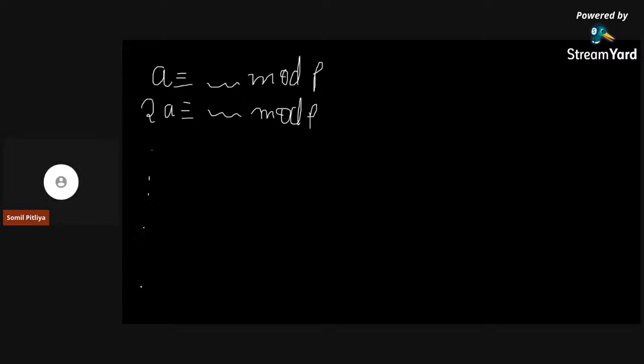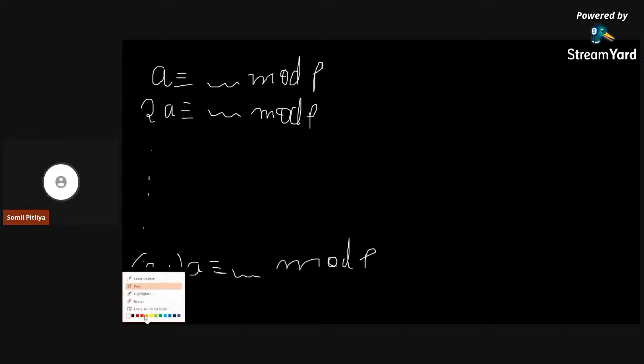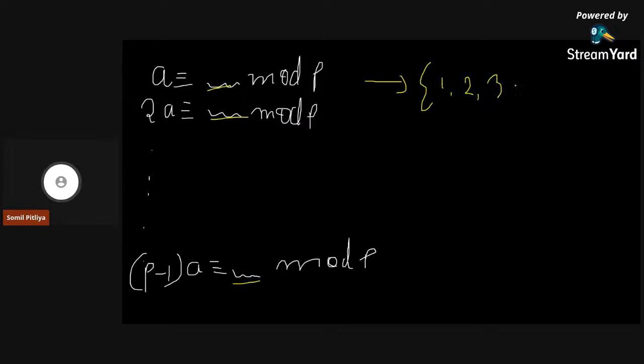So 1 into A, that is A, will be congruent to something modulo P. My 2A will be congruent to something modulo P. And so on till my (P minus 1) into A will be congruent to something modulo P. But this something is always different in each case, and it will belong to the set 1, 2, 3 till P minus 1.